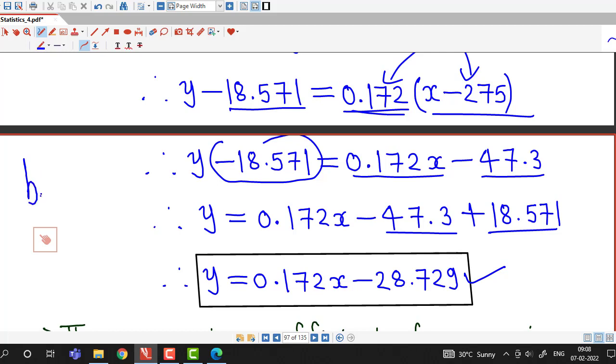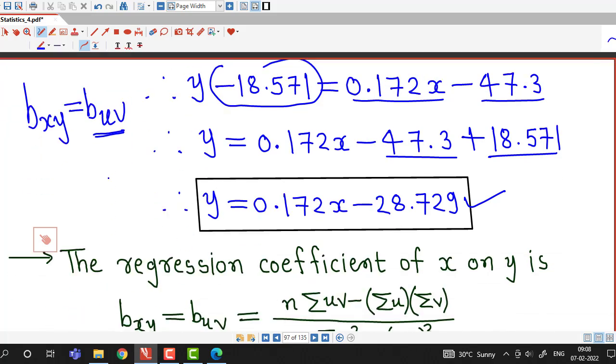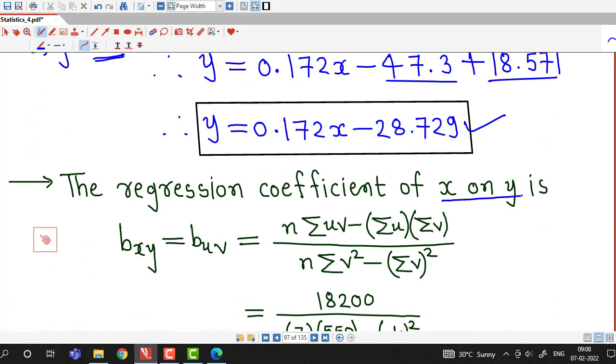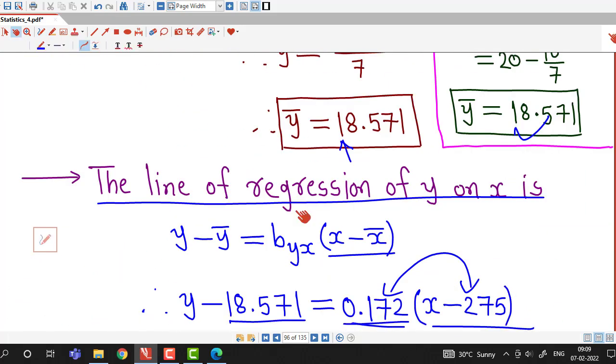So for that we require this regression coefficient, which we can obtain by coefficient between u and v. So regression coefficient of x on y is bxy equal to regression coefficient of u on v, and we remember this formula, n times sigma uv minus sigma u times sigma v. Here we have second suffix v, so we consider these summations corresponding to v, n times sigma v square minus sigma v whole square. Now this quantity is the same quantity in the formula for bvu.